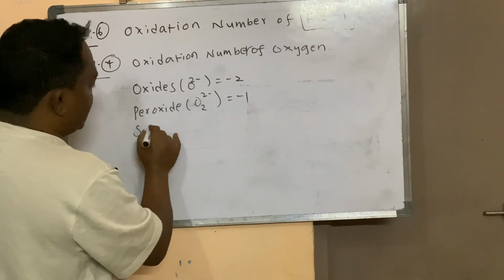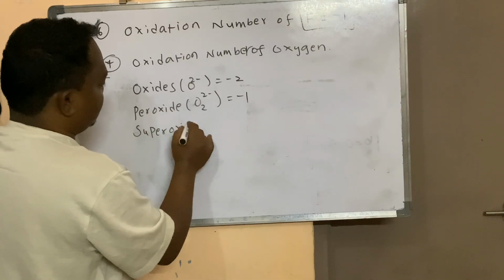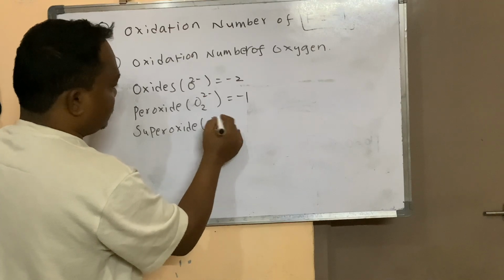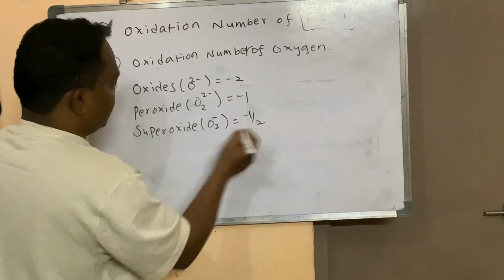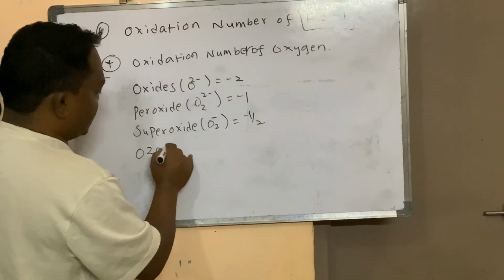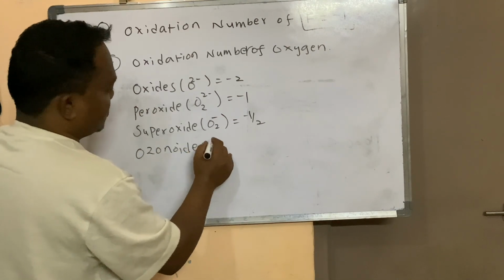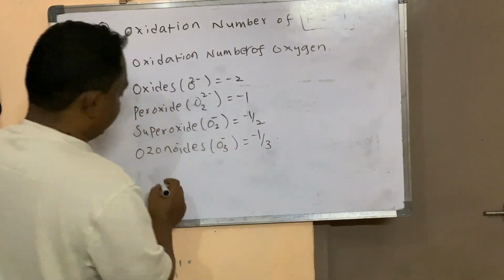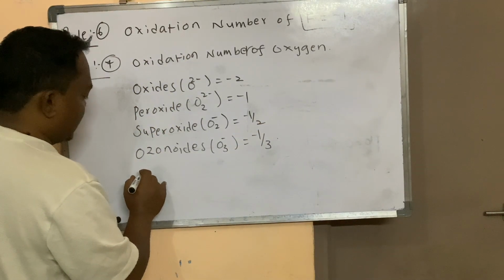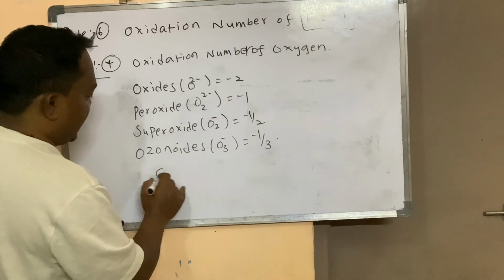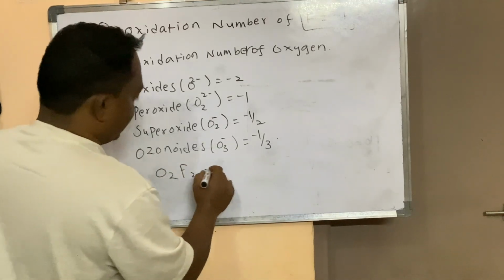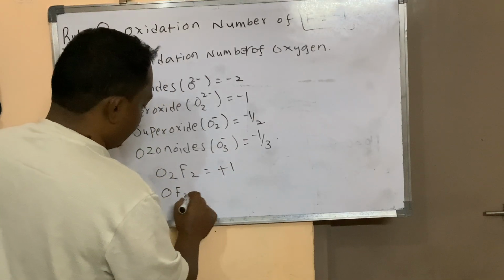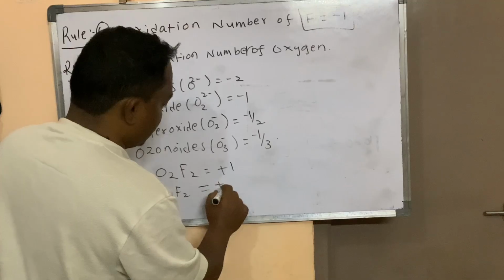In its superoxides, it is minus 1 by 2. In its ozonides, it is minus 1 by 3. And in its oxyfluorides: if we take O2F2, it will be plus 1. If we take OF2, it is plus 2.